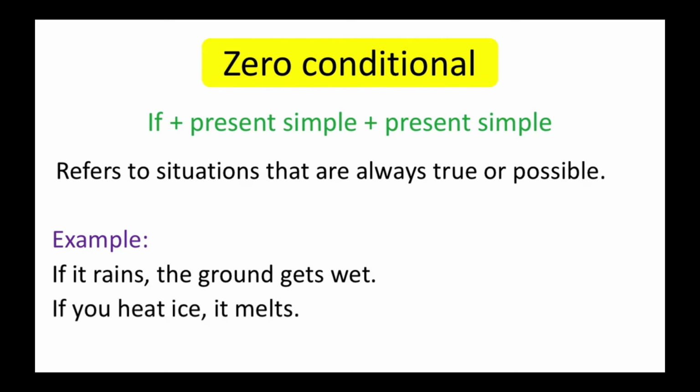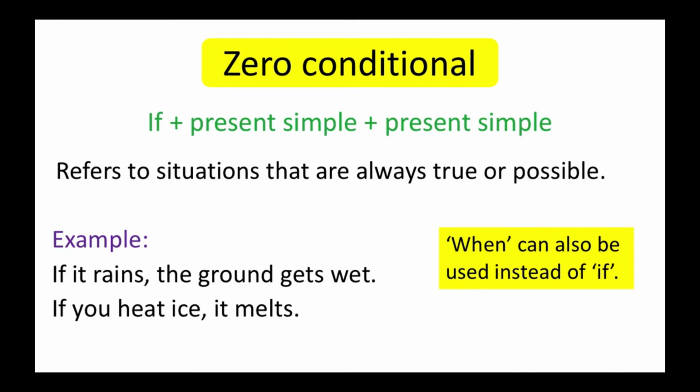You can say it's obvious, right? If you heat ice, it melts. Yes, so it is possible. When can also be used instead of if, so you can use when instead of if. Okay, so that is for the zero conditional.